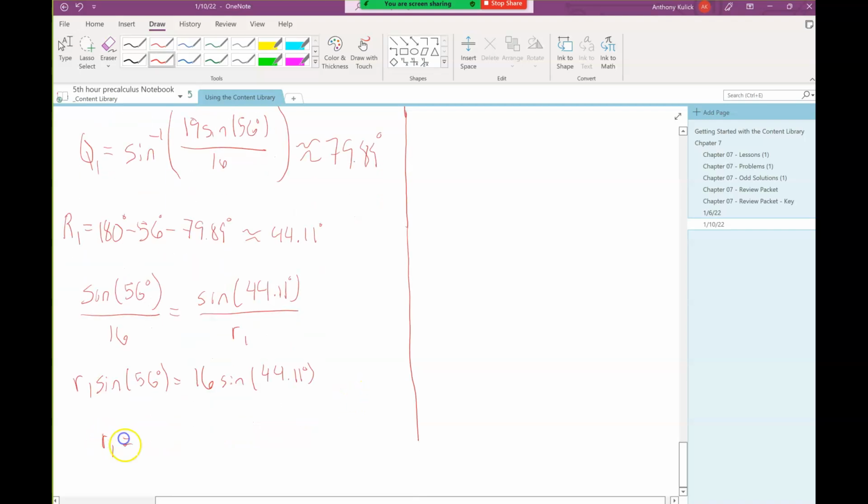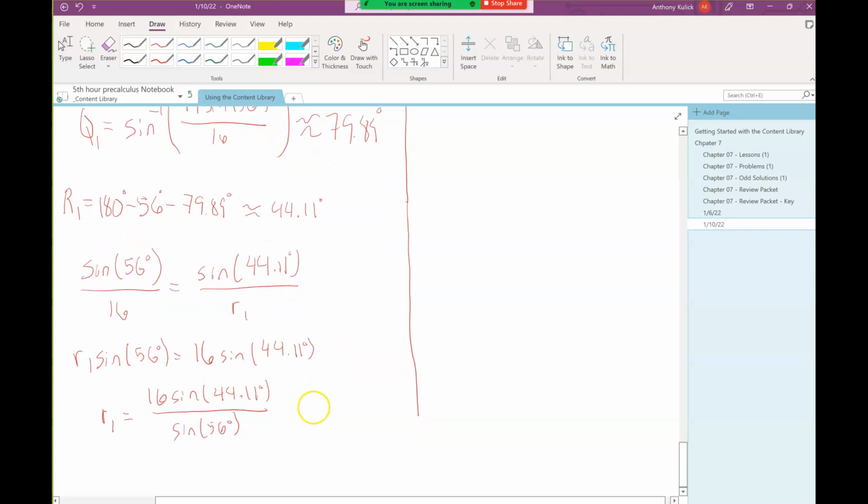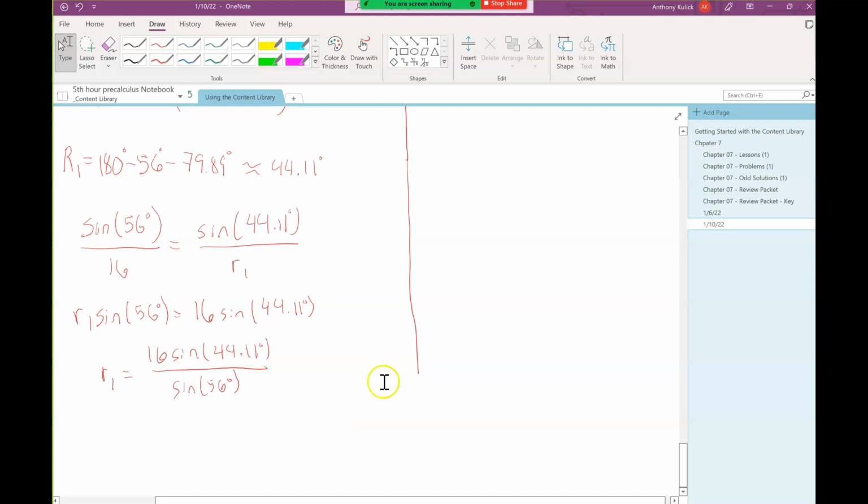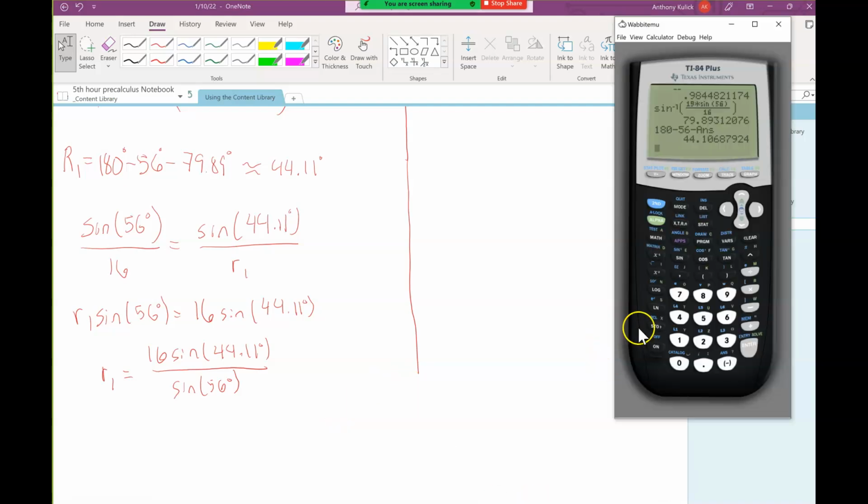So far, other than having to use the sine inverse, this hasn't been really any different than any of the other problems that we've done so far, right? Still kind of the same thing, just using the law of sines to bulldoze my way through this stuff.